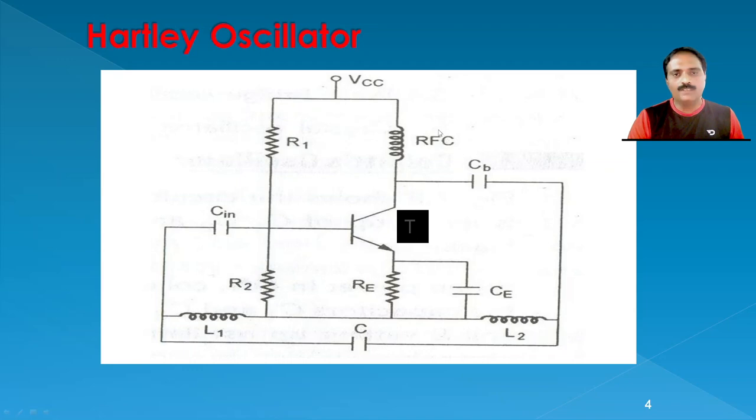RFC is the radio frequency coil, which blocks the AC. And this capacitor is the coupling capacitor or output capacitor, which blocks any DC signal in the output. This is the brief working of the Hartley oscillator.